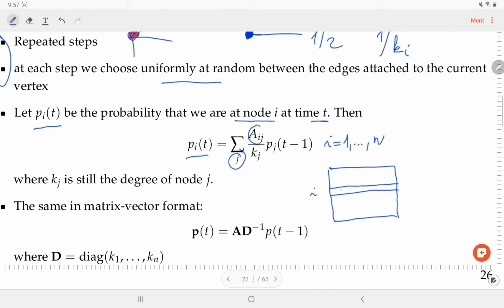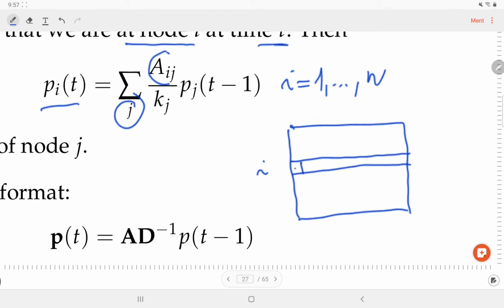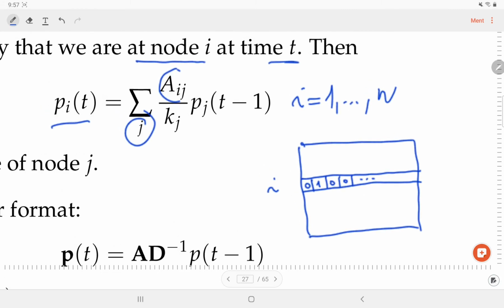These numbers here could be either 0 or 1. So let's assume that we have 0, 1, 0, 0, and then it continues. Now, if we start the j running, first we have a 0, and this is a multiplication factor, so it's 0, so it doesn't count.